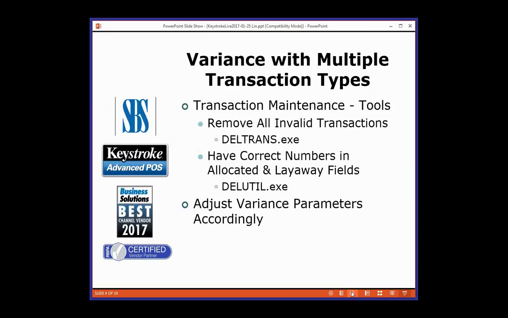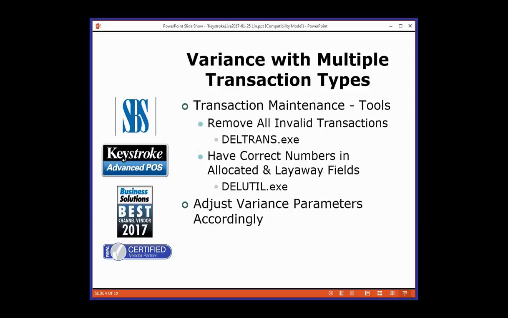Now, this is really what we talked about last week, so I'm not going to go into a whole lot of detail, but you want to maintain all these transactions first. You want those cleaned up before you do an actual physical count. Remove invalid transactions. We talked about using the del trans function for that.